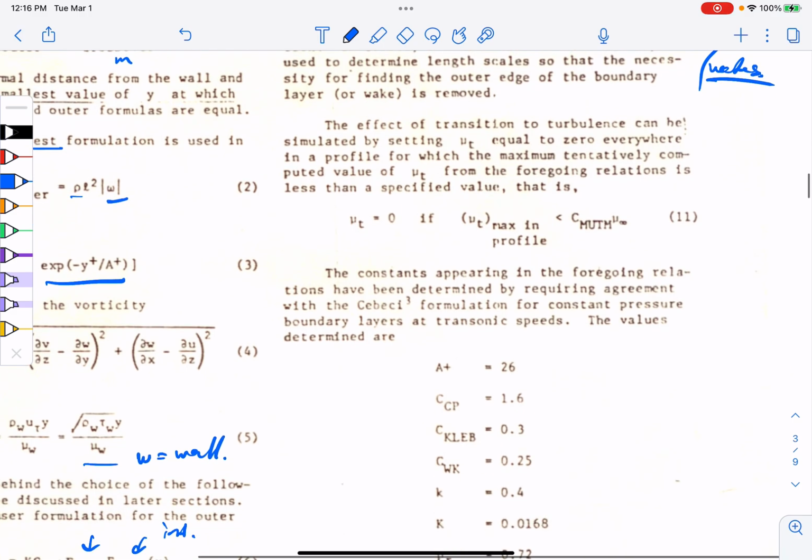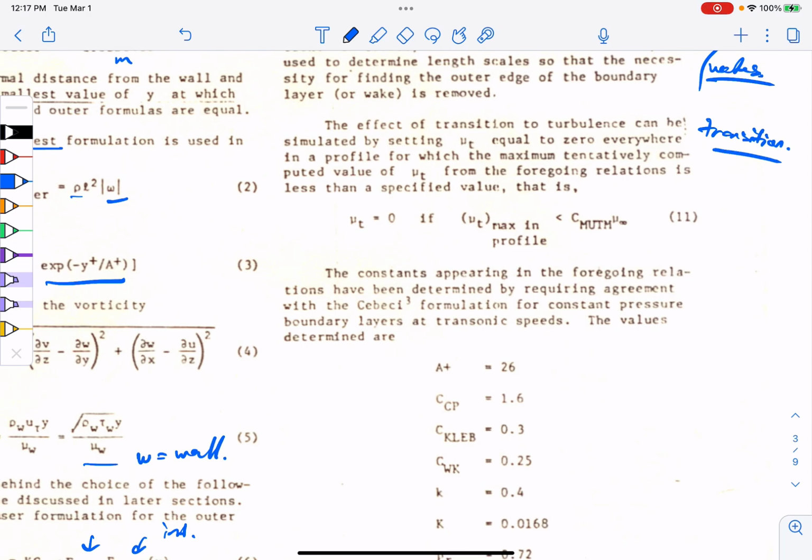And then he went on, and this part of the paper really caught my eye. This part of the paper is on transition. A lot of this stuff up to here, except for a few small changes like going with vorticity, is pretty standard. But this part caught my eye because it's about transition. Let's read this whole paragraph, because it's an early transition model that other models didn't incorporate.